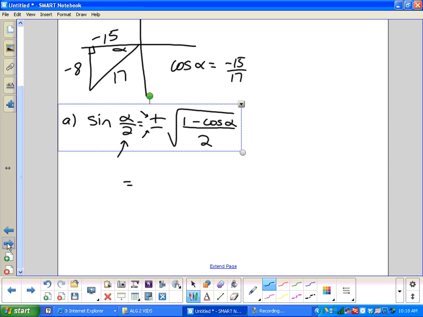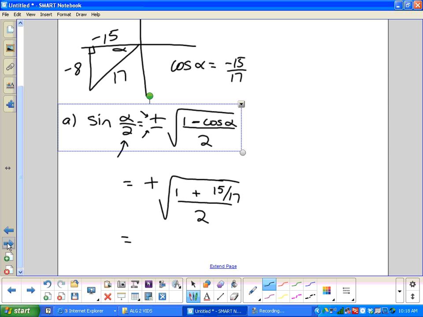Okay, now let's fill it in. So this is going to be positive. 1 minus the cosine of alpha. Cosine of alpha was negative 15 over 17. So instead of saying minus negative 15 over 17, let's just say plus 15 over 17, all over 2. Now, let's clean it up. How can I clean this up so I can simplify?